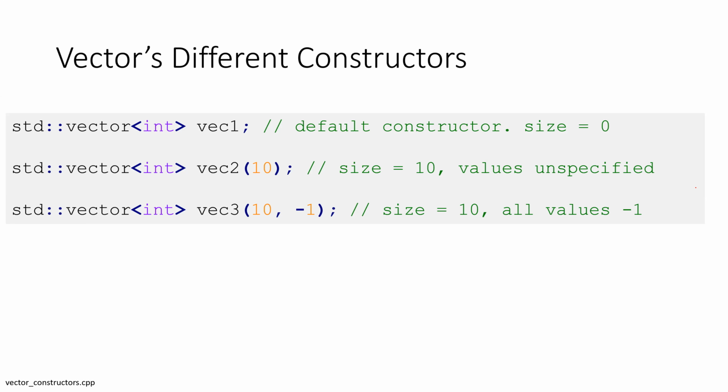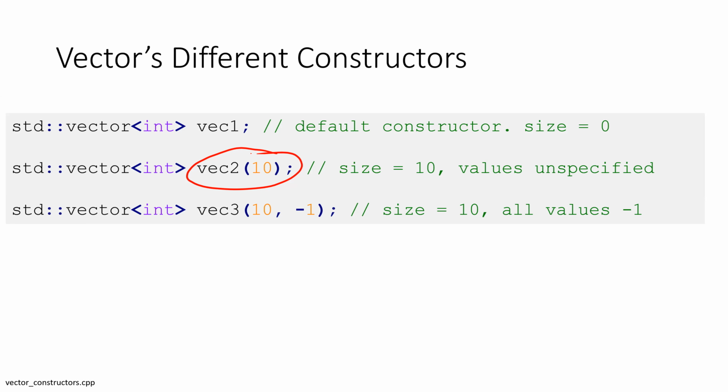Okay, let's look at a few of the constructors that we have. One of the nice things about vectors, because it's a proper class, is that we have proper constructors. So the default constructor I already said. Here I'm going to make vec1. It's a vector of integers. I call the default constructor and I get a size 0 vector. If I give it 1 argument, say vec2 of 10, that will make my vector have 10 elements.